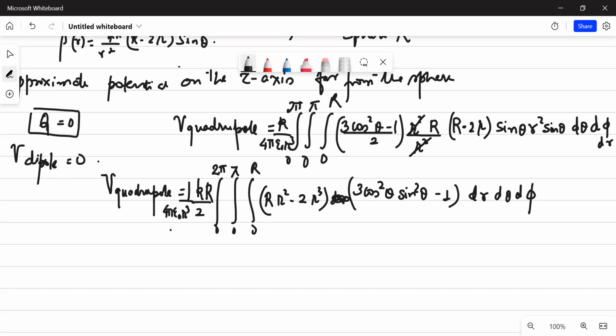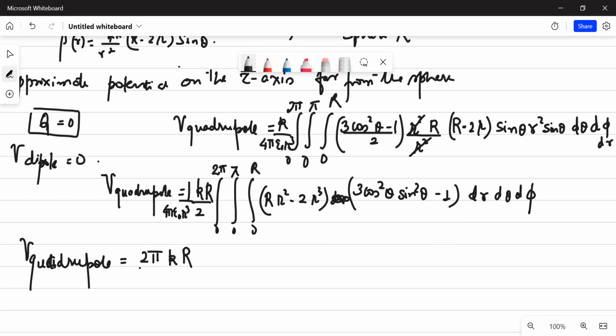Is that clear? Did this make sense? This r cube will come because we want to write the potential for the quadrupole. Now you just see there is no phi dependent term, so this integration will give you 2 pi. So this 2 pi will come out. And I'll write k. And this k is not 1 upon 4 pi epsilon.